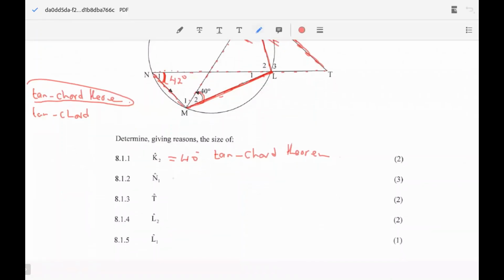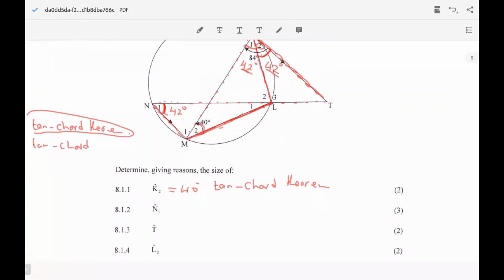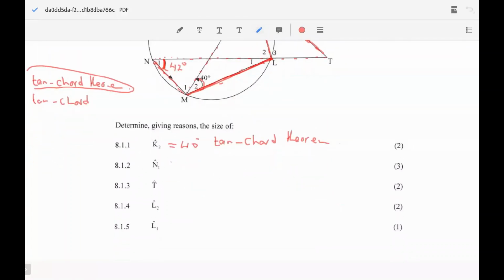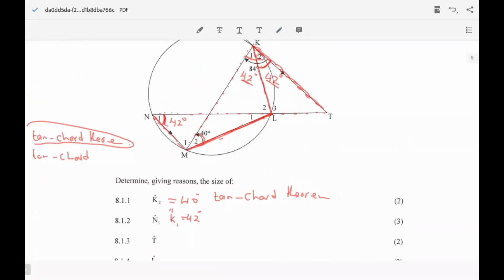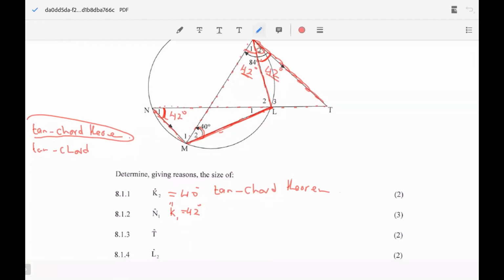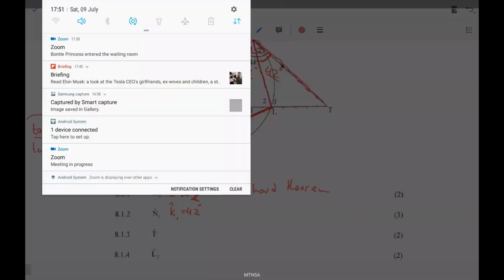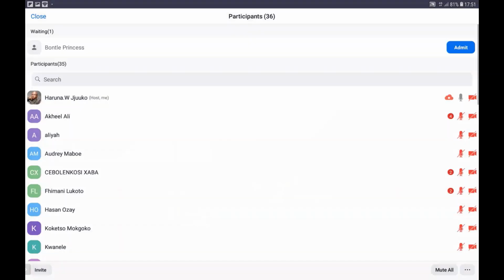So we indicate that K1 is 42, so K1 is obviously 42 degrees. I think I made a mistake with K2. K2 is supposed to be 42 degrees, not 40. Sorry about that. It should be 42 degrees and not 40.